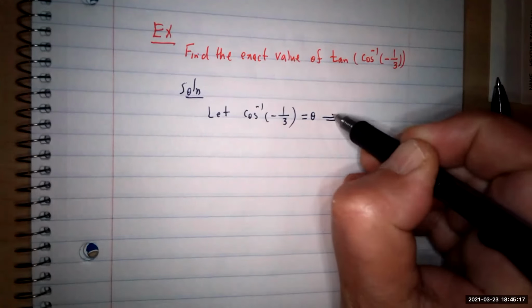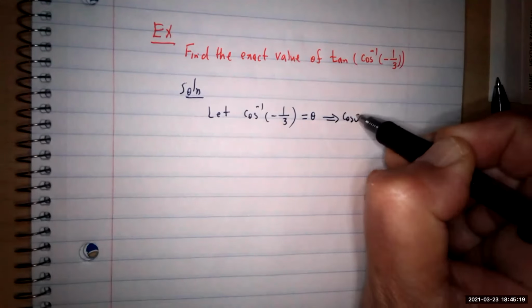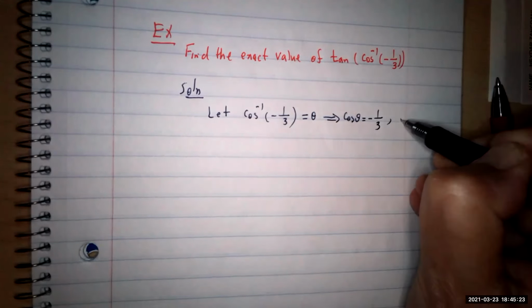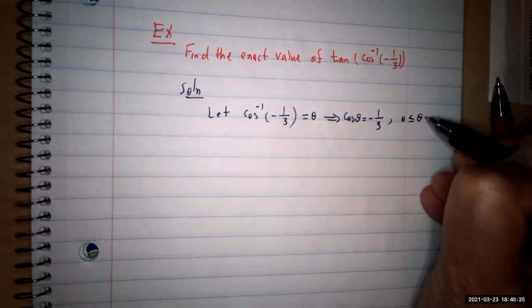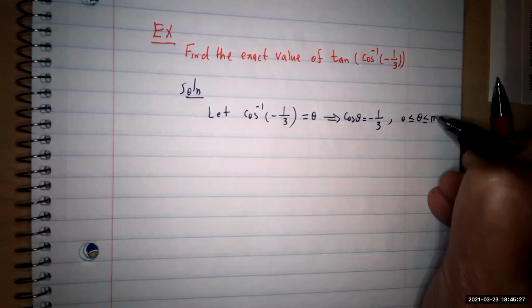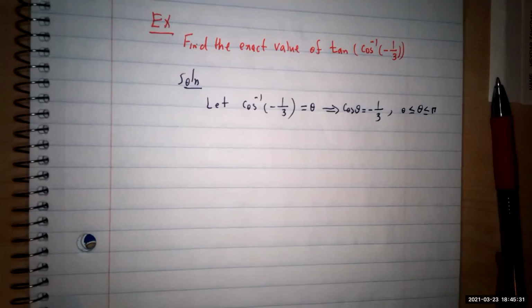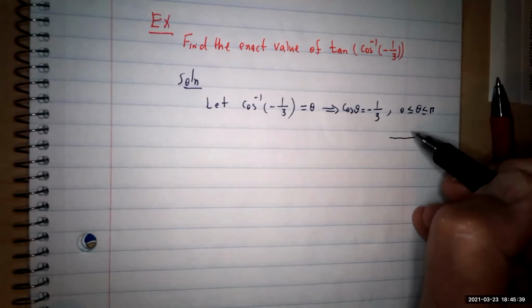So that gives you cosine of theta is equal to negative 1/3, and you know that your theta is between 0 and pi. This means theta is in the second quadrant because the cosine is negative. Make a note.